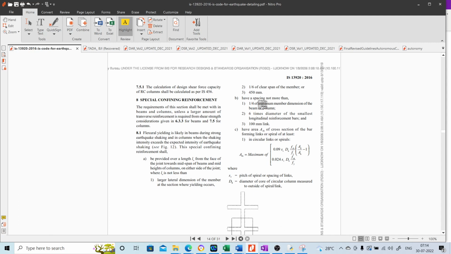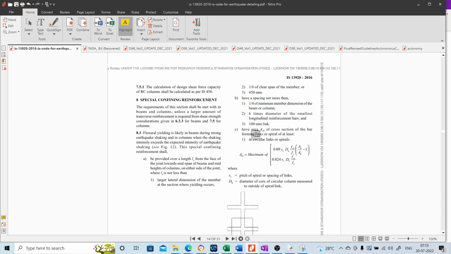Then the second one is what should be the spacing of special confining reinforcement. So one criterion is 1 by 4 the minimum dimension of the member. Second one is 6 times the diameter of the smallest longitudinal reinforcement bar. Another one is 100 mm. So we have to check this. And then there is one more criterion regarding the cross section of the bar.